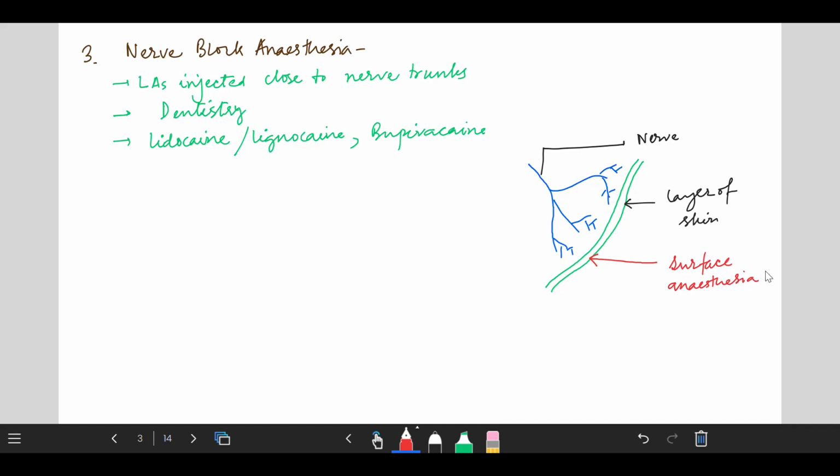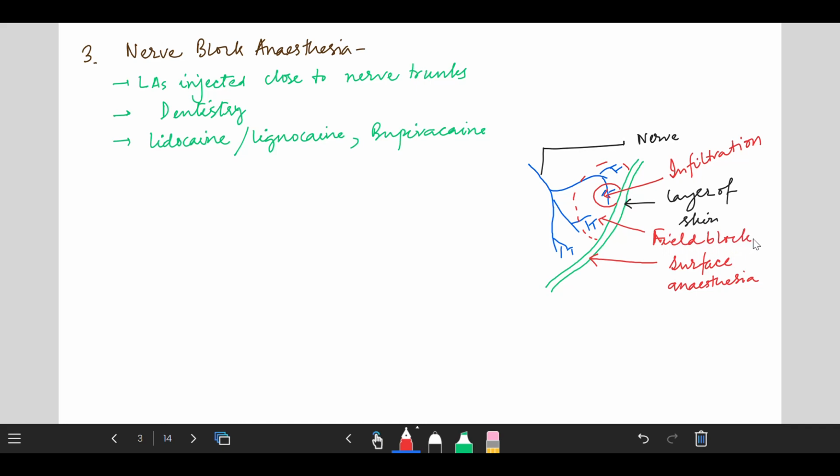Okay. When we are applying local anesthetics into this part, the nerve branches, that is infiltration anesthesia. And when we are applying to a large portion like this, that is field block type of anesthesia.